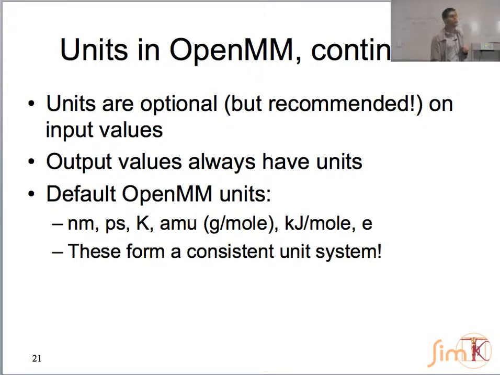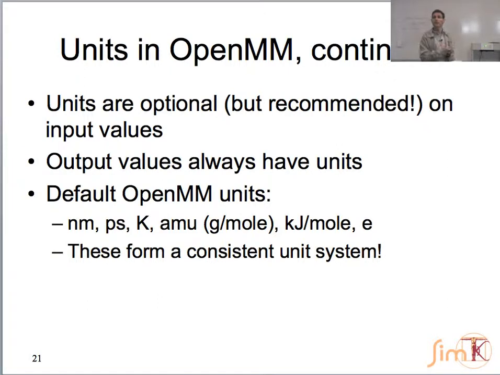Units are optional, but highly recommended on input values. Anytime you're passing a value to an OpenMM function, we really, really recommend that you include units on it. That way, you don't have to worry about, did I remember to put my value in the right units? You just say, these are the units my value is in, and OpenMM will do whatever conversions it needs.